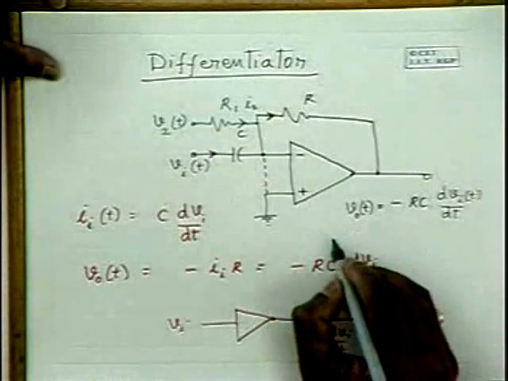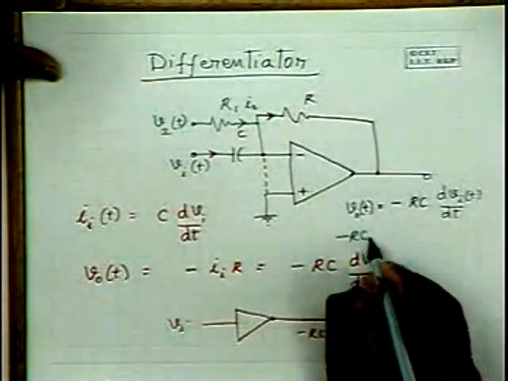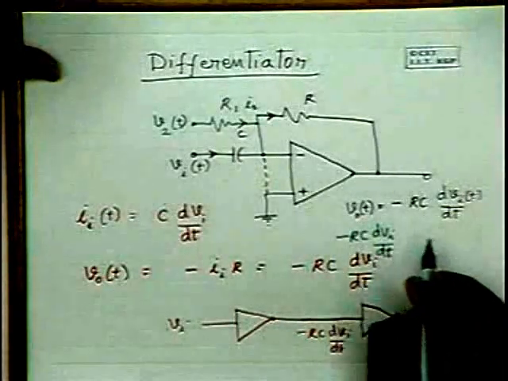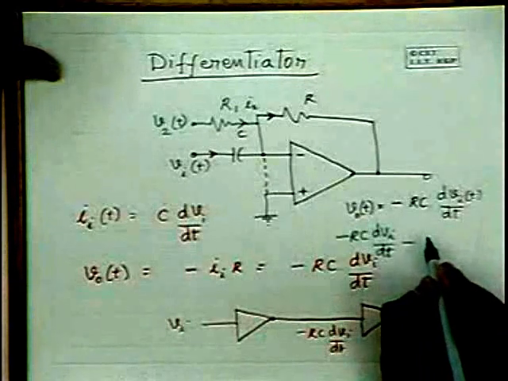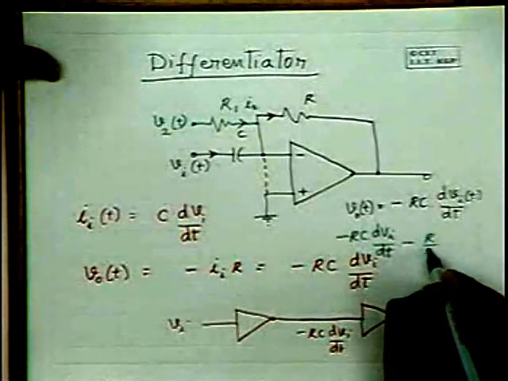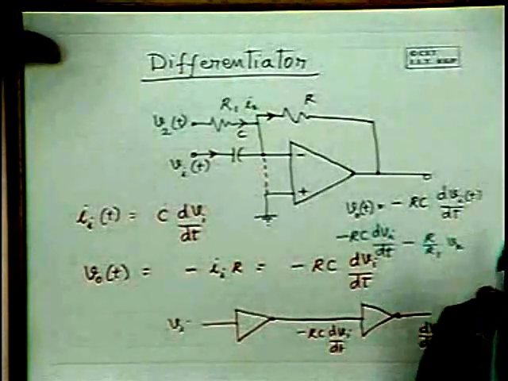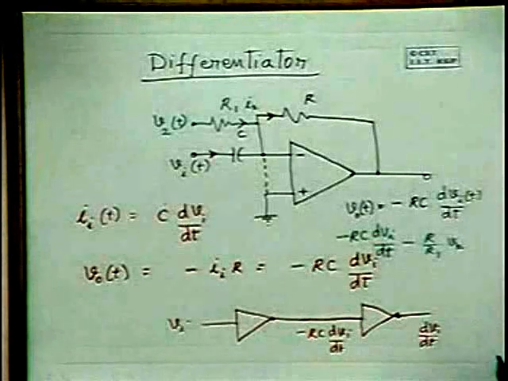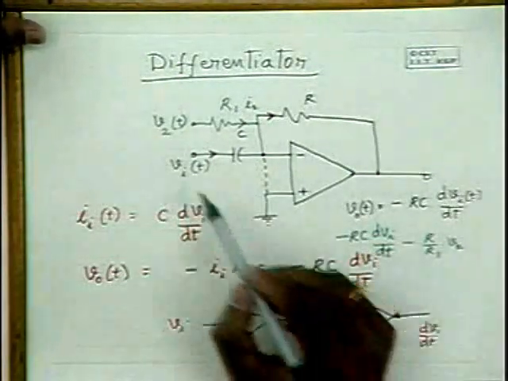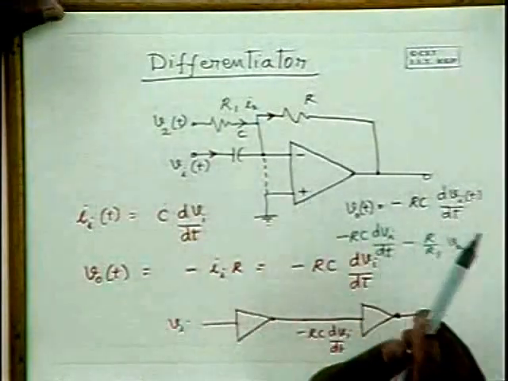Hence the function you will get here is minus RC dVi by dt, minus, because it's an inverting amplifier, R by R1 into V2. This is what you get at the output. So this one combines voltage addition as well as differentiation applications.